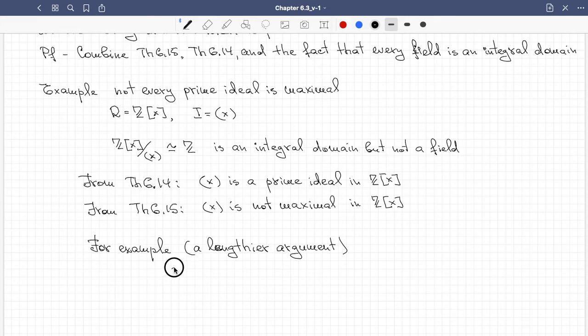We can find an intermediate ideal. This ideal is a subset of the ideal generated by 2 and x with 2 generators. We already discussed this example before. This ideal is actually maximal. It does not contain 1. It is not the whole ring.